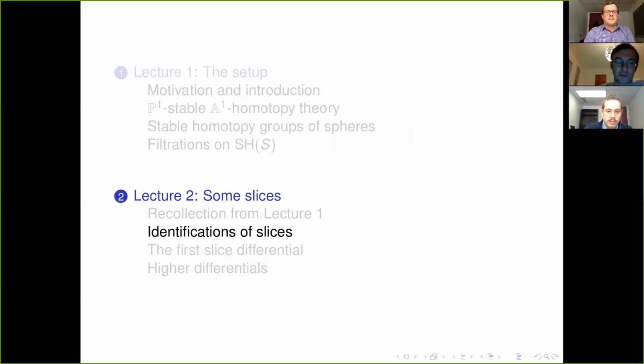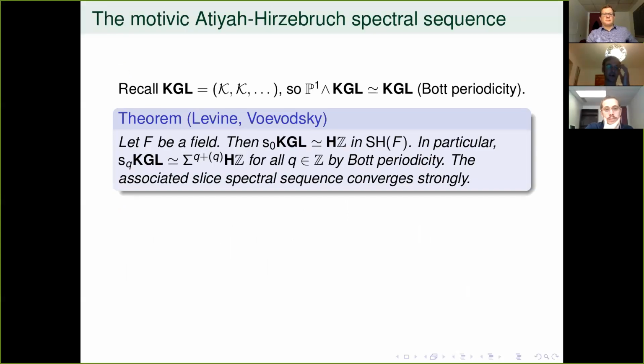Okay, so let's try to determine some slices, and let me start with the motivating example of algebraic K-theory. This is the theorem, which I guess was proved by Marc Levine using his homotopy coniveau filtration, and it was suggested in the open problems paper by Voevodsky, and he sketched some proof ideas.